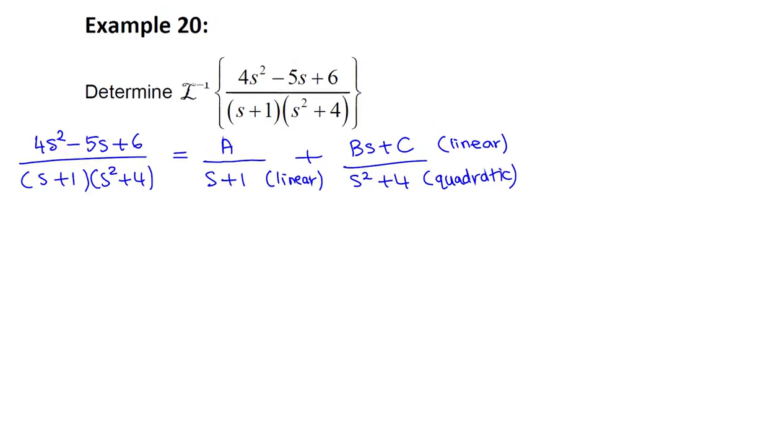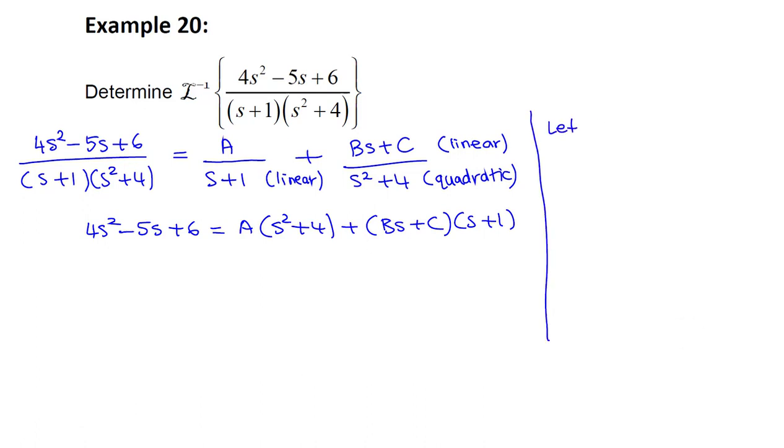Okay, now we proceed. The numerator 4s² − 5s + 6 equals (as² + 4) + (bs + c)(s + 1). Let s = −1. So 4(−1)² − 5(−1) + 6 equals a((−1)² + 4) plus, this one becomes 0.